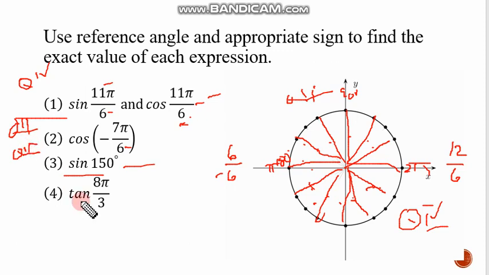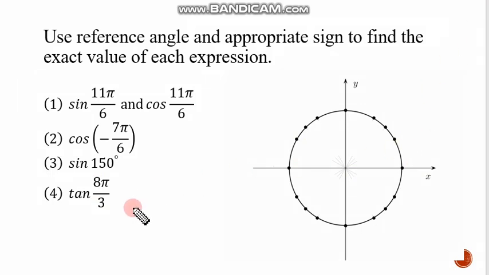And lastly, tangent 8 pi over 3. Okay, so pi over 3 here. So we have other denominators. If this is pi, our denominator is 3, so the numerator is also 3. And then here the denominator is 3. We have 2 pi here, so 3 times 2, that's 6.